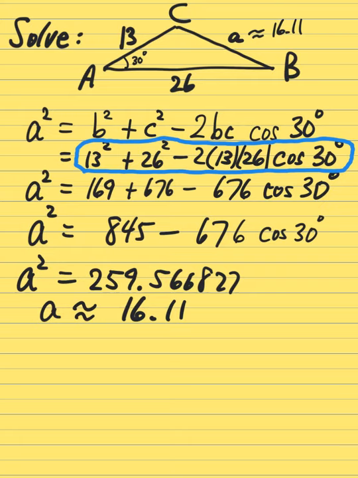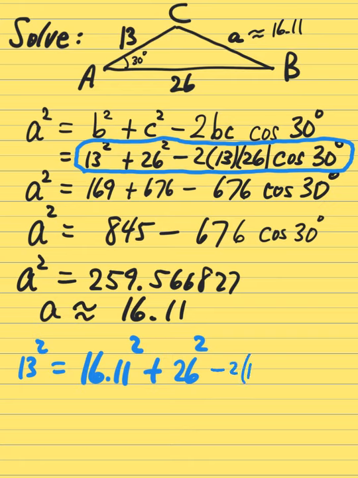Let's do angle B. All right, so if we go after angle B, then we need B squared, which is 13 squared, let me do that in blue. 13 squared is equal to a squared plus c squared, c is 26, minus 2 times those numbers cosine b.